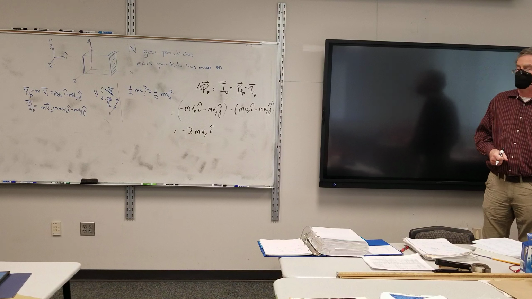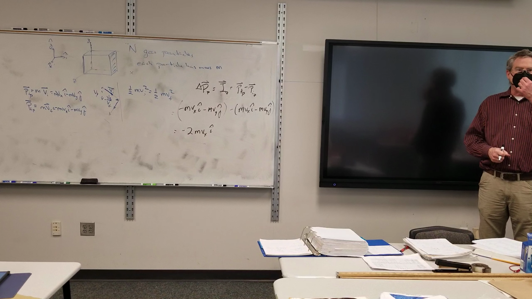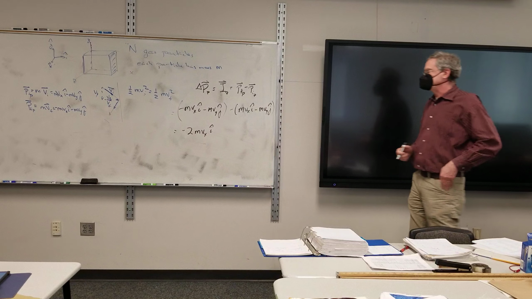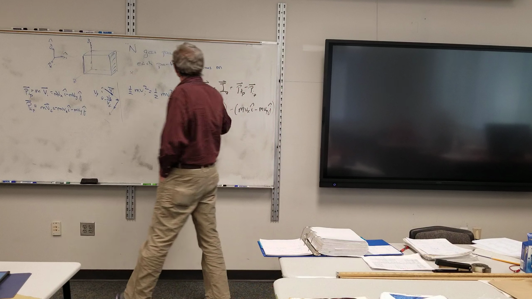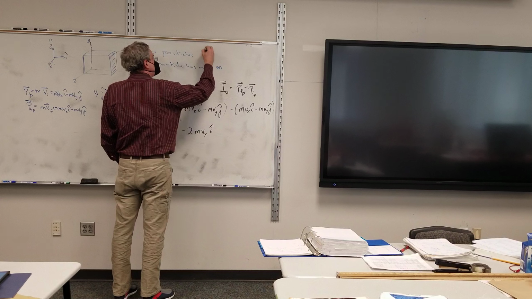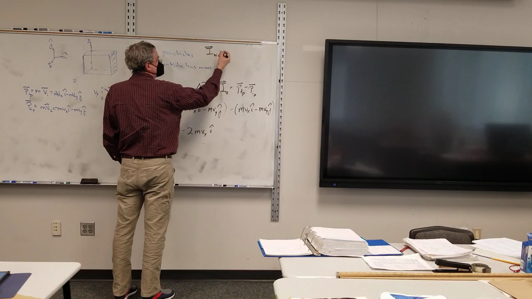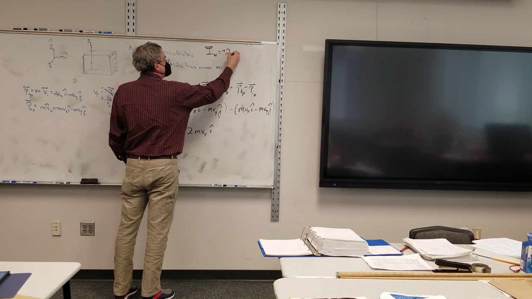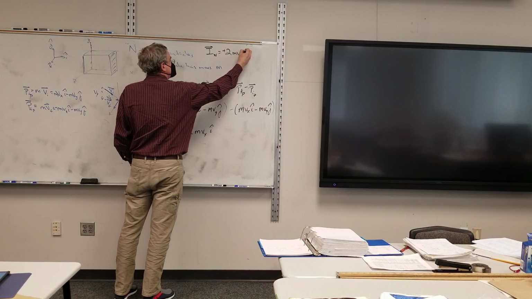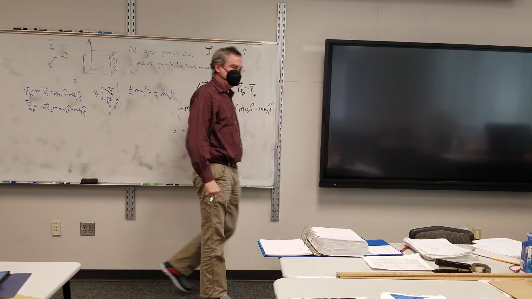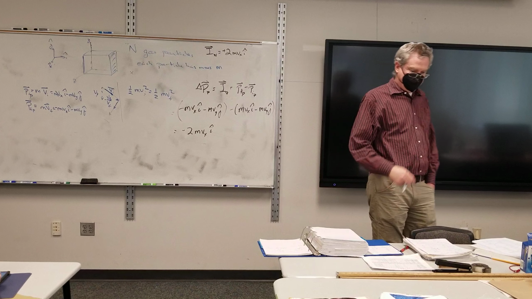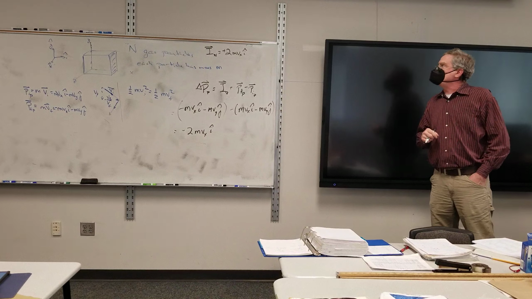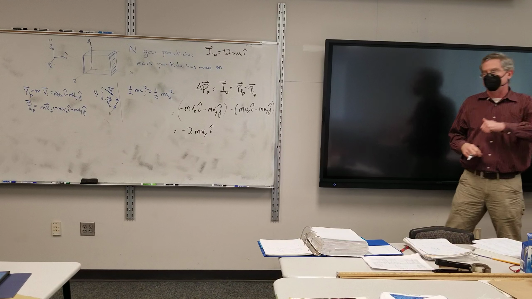Therefore, what is the impulse on the wall? Positive 2. Yeah. So we have this impulse on the wall from the particle of positive 2 mvx i hat. So this would be it for a single particle.